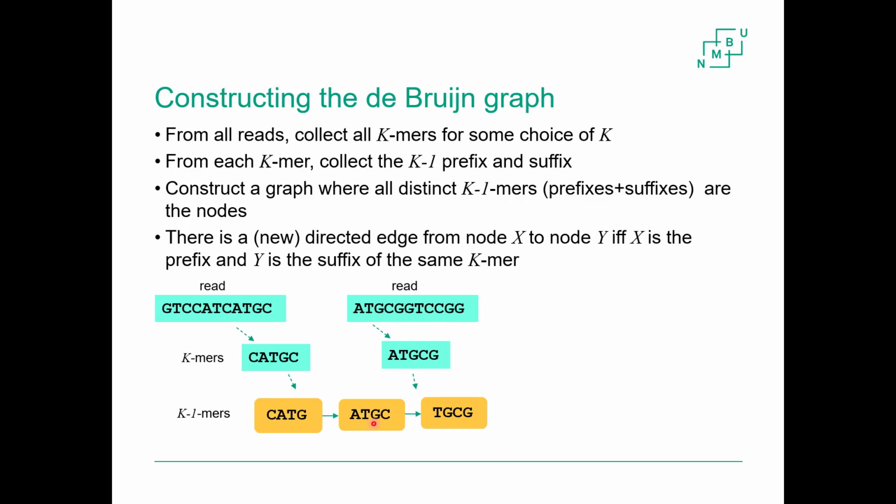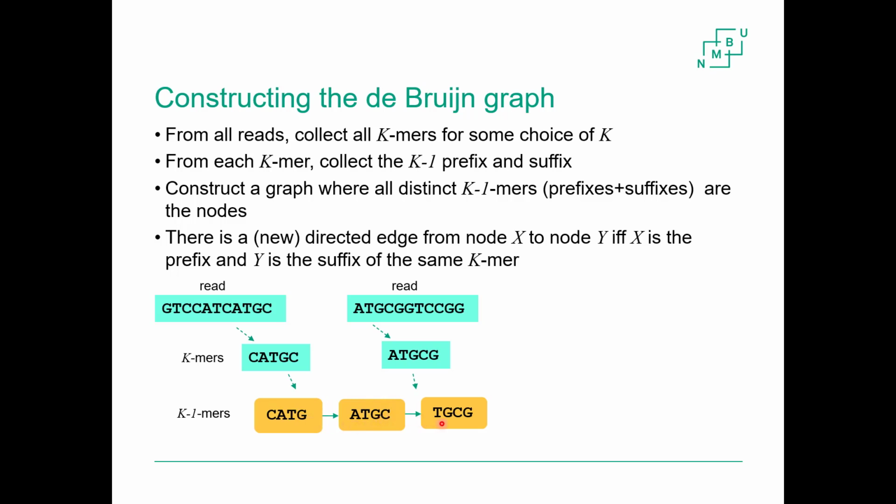And notice that if we now assemble together, if we start here and walk through the graph, then we know that we can build the sequence by starting with this one, and then since it overlaps with this one, we can just add the last letter to here.